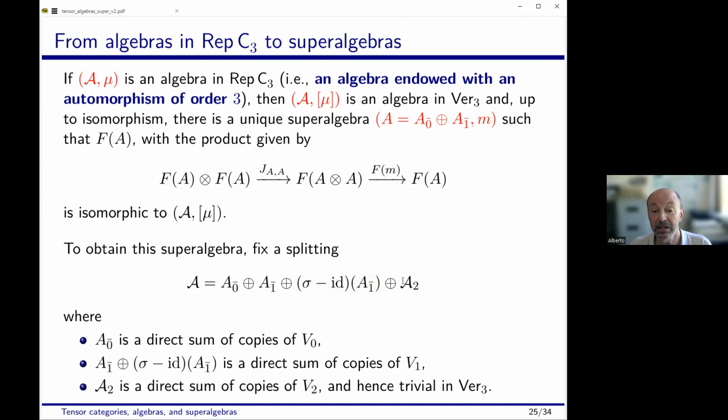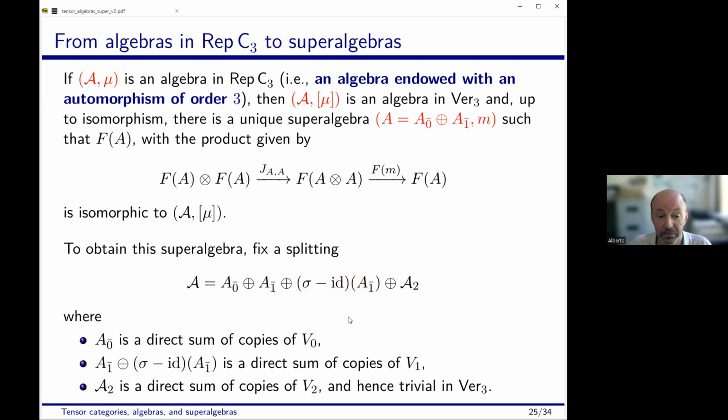Well, this part gets trivial in the Berlinde category, the semi-simple part. And for the two-dimensional parts, we can take all the Jordan blocks for sigma minus the identity and take the heads of the Jordan blocks. And with this, we form a subspace A1. So A0 is just a direct sum of copies of V0, this part is the direct sum of copies of V1, and A2 corresponds to V2, but this becomes trivial.